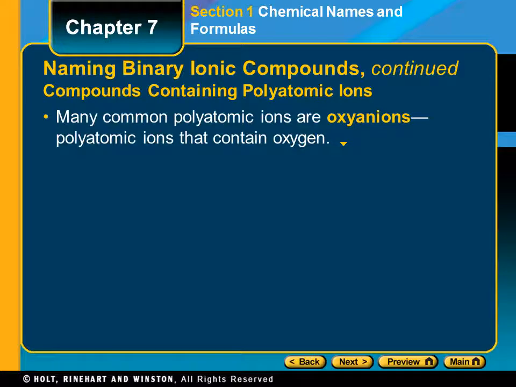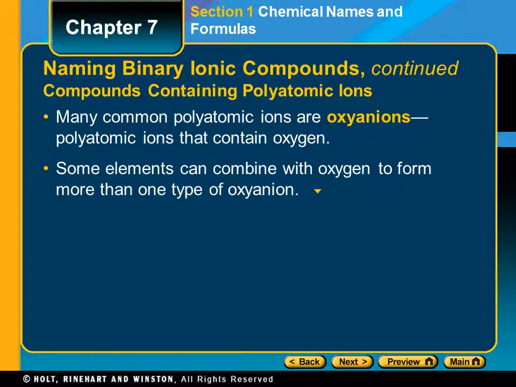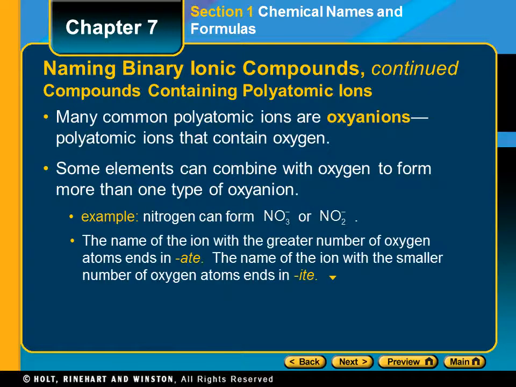And then we have these polyatomic ions that are fairly common called oxyanions. These are polyatomic ions that contain oxygen. And what we have is elements that can combine with oxygen to form more than one type of oxyanion. So nitrogen can form NO3 negative or it can form NO2 negative.